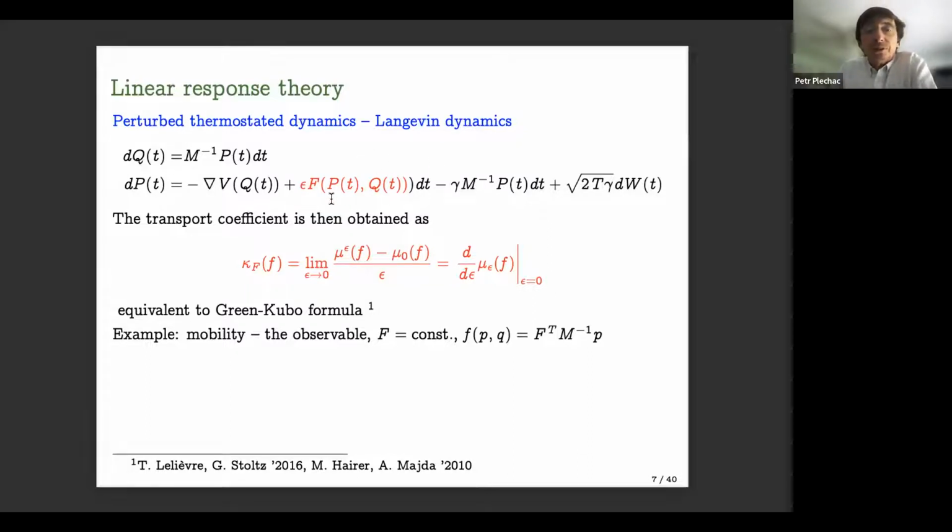And the linear response here is achieved by perturbing the drift in the P component of this dynamics by a suitably chosen force field F. And it's important to notice that this F may not be of gradient form, so this perturbed dynamics doesn't have to be reversible with respect to its invariant measure.